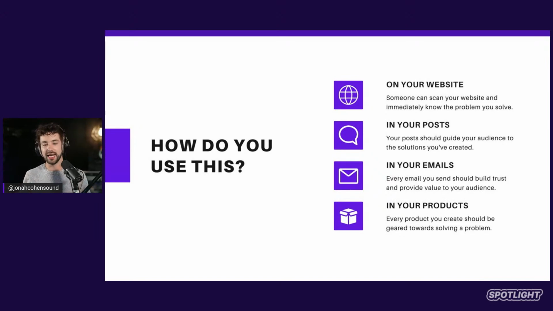Can someone scan your website and immediately know the problem you're solving? Immediately see your transformational phrase within your copy, within the design, within how it's laid out? Can someone see that within 8 seconds? That's typically the amount of time you have to reach someone who might just stumble upon your website or be reading a blog post. If they can't, then work it in there. And don't be afraid to put literally your transformational phrase first and foremost.